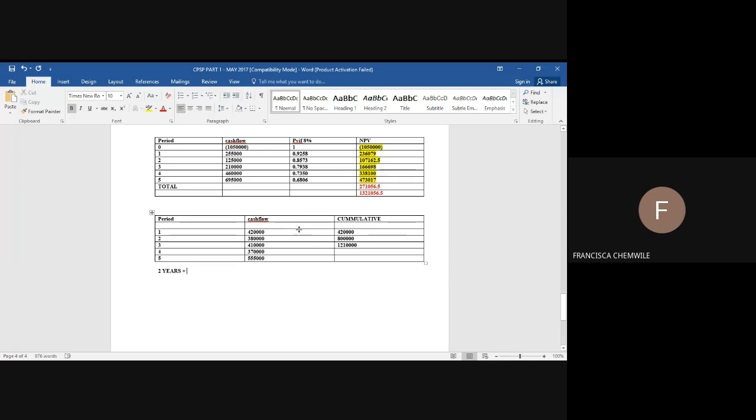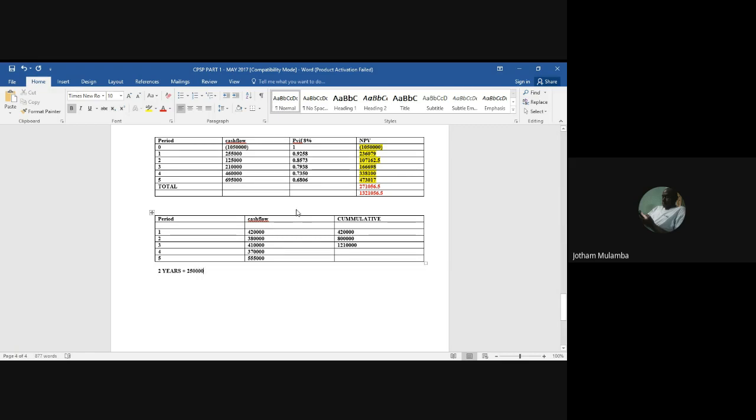We have a total of 800,000. How much do we need to add to 800,000 to get to 1,050,000? 250,000.